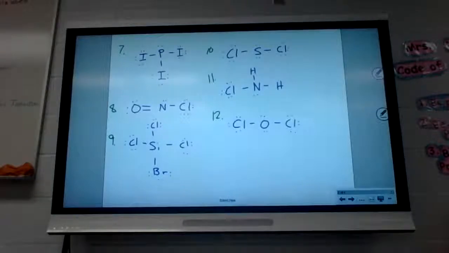For number 7? If it makes you feel better, people make that mistake every year. But there's no PL on the periodic table for future reference. I knew there wasn't. I just thought this worksheet was old or something. And you thought I made up an element and left it there for years on end? Yes.